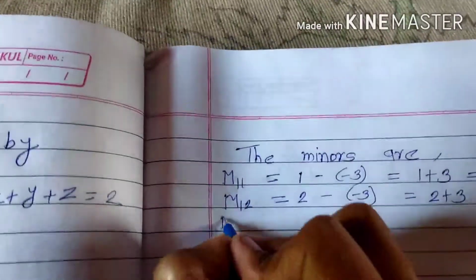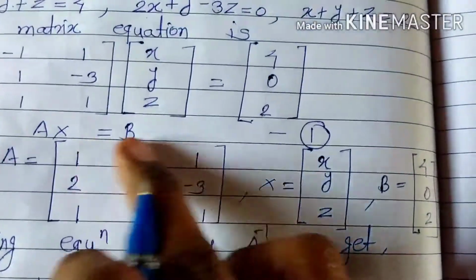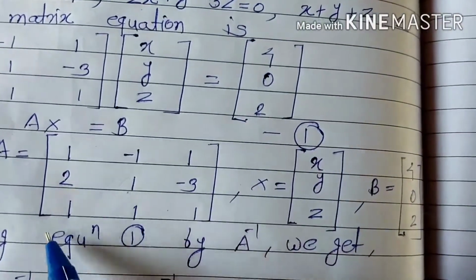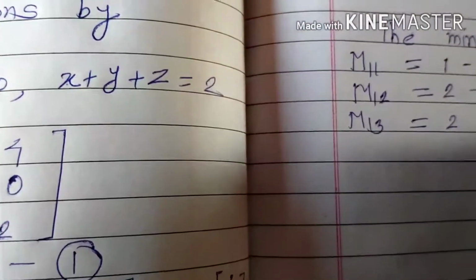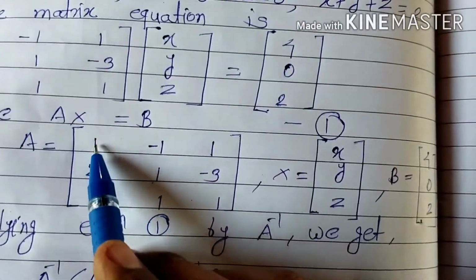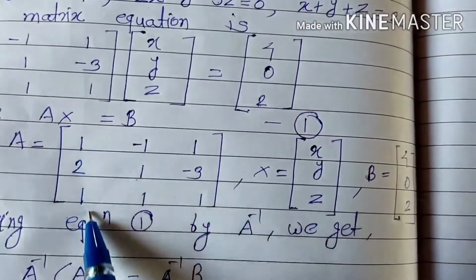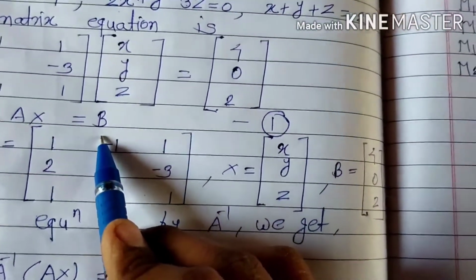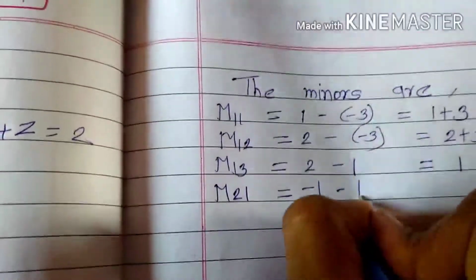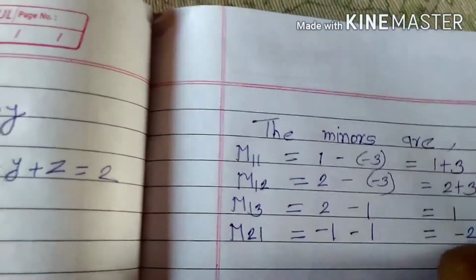Next, M13, deleting first row and third column, you get 2 into 1, 2, and 1 into 1, 1. So 2 minus 1 is equal to 1. Next, M21, deleting second row and first column, you get minus 1 into 1, minus 1, and this 1 into 1. So minus 1 is equal to minus 2.